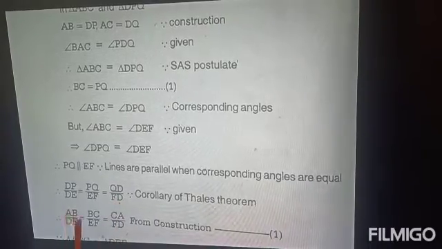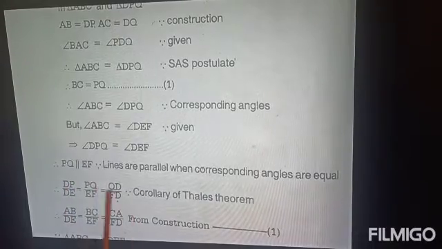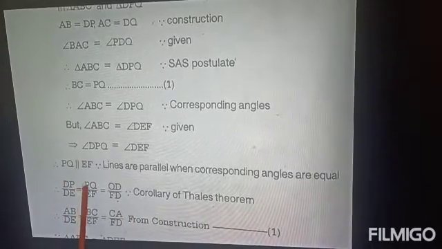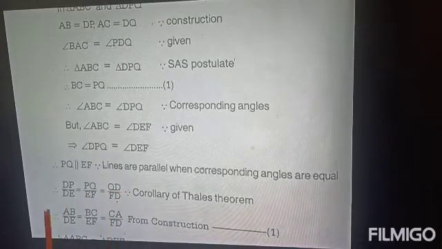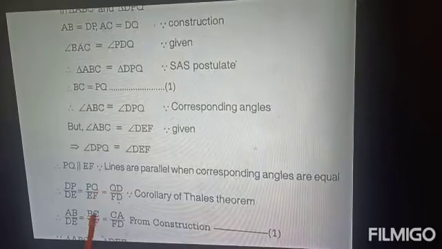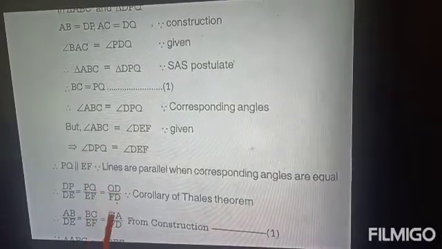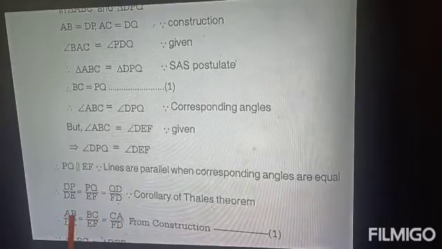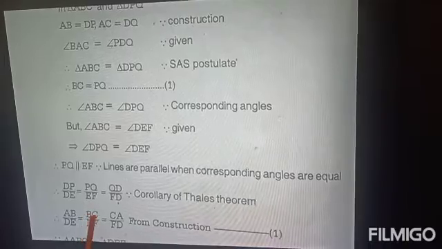Then we have to replace all these numerators: DP by AB, PQ by BC, QD by CA. That is by construction. We constructed like this, no? AB is equal to DP, BC is equal to PQ.